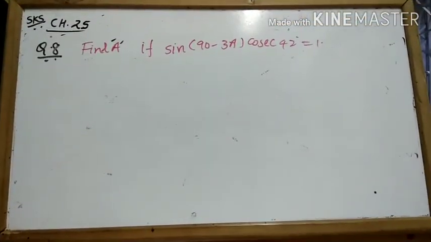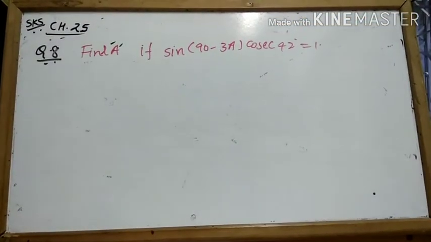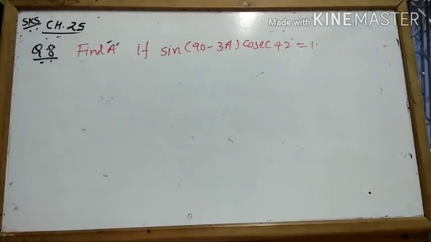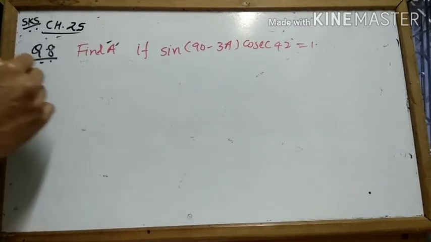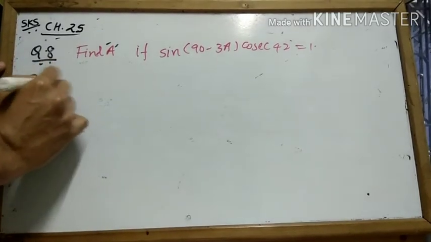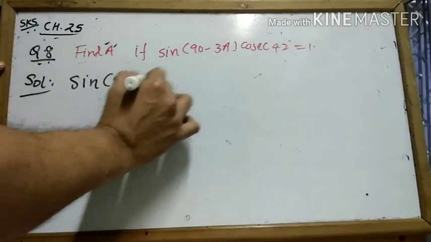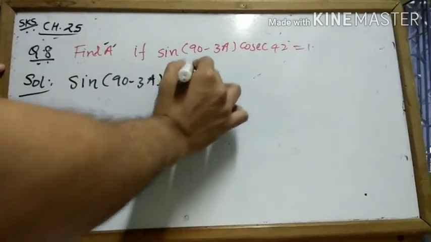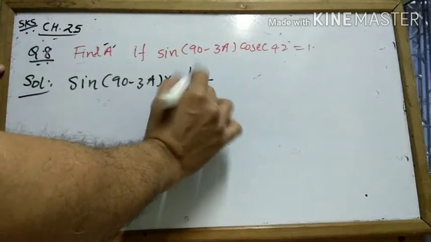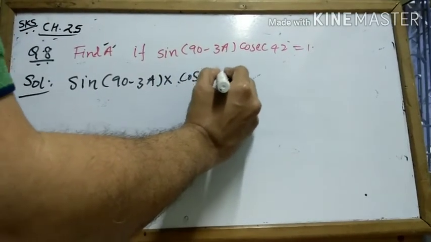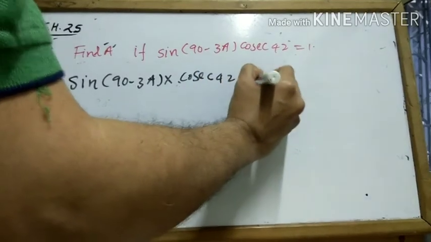Exercise 25, question 8. They have asked us to find out angle A if sine of 90 minus 3A into cosec 42 equal to 1. Let us see the solution. Now this is sine 90 minus 3A into 1 upon, into cosec 42, is equal to 1.